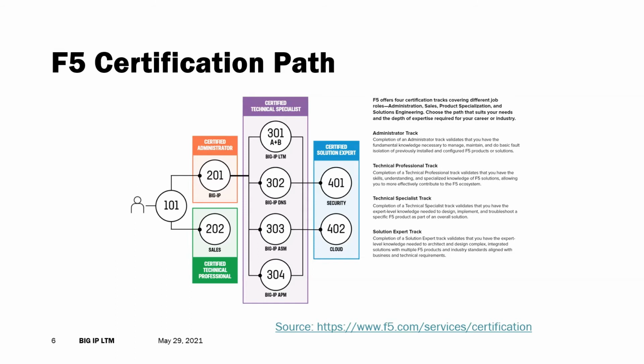That's specific to BigIP LTM. Similarly, you can choose any of these tracks. You can go to 302, 303, or 304. These are specific to different domains. 302 is specific to your BigIP DNS, 303 is for ASM, 304 is for your APM.